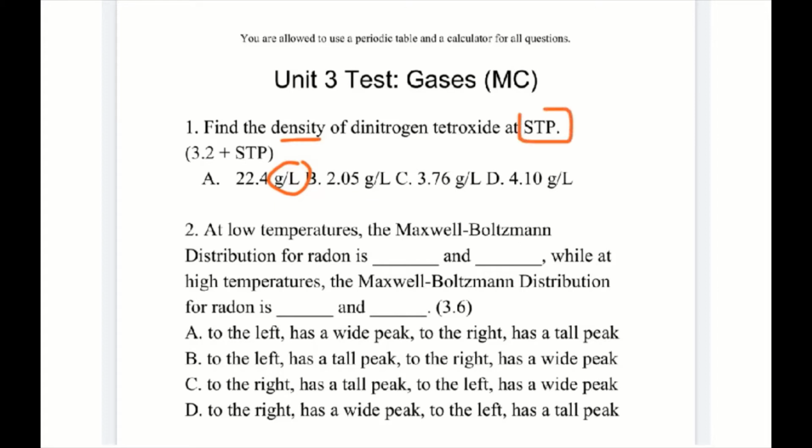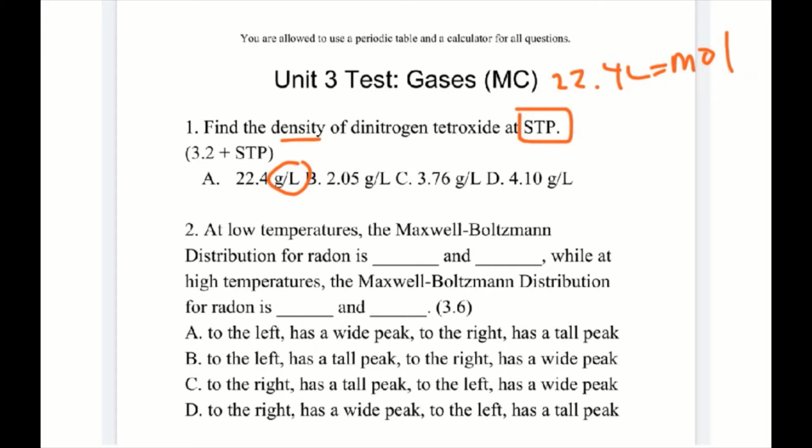At STP, you can either memorize that it's at 0 degrees Celsius and 1 atm, or you could memorize that 22.4 liters are in 1 mole of gas at STP. Knowing this, we know that the number of liters in 1 mole is 22.4.